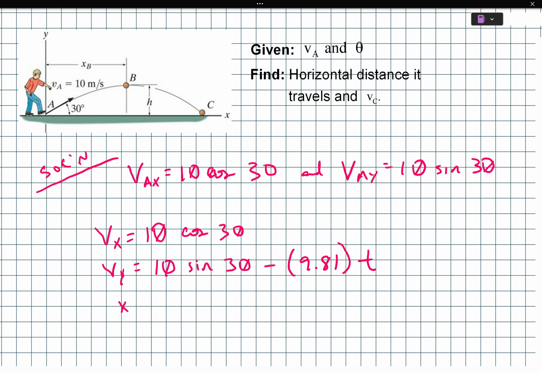Now x is equal to 10 cosine 30 t, y is equal to 10 sine 30 t minus 1/2 times 9.81 t squared.